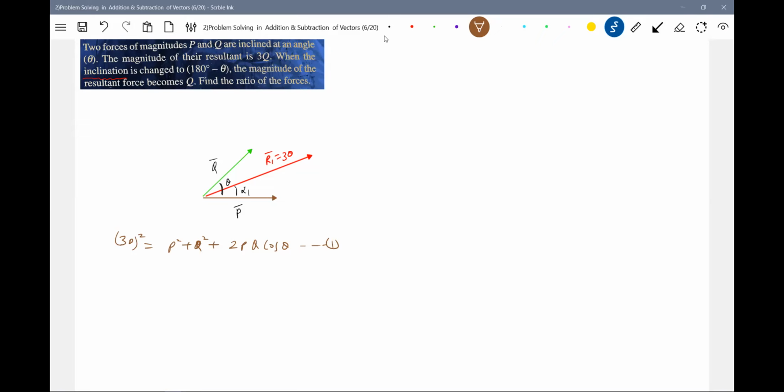Next, I'm going to change the inclination. The inclination means the angle between vectors is going to be varied. So how much am I going to vary? This is P. Now the angle will become 180 minus theta.